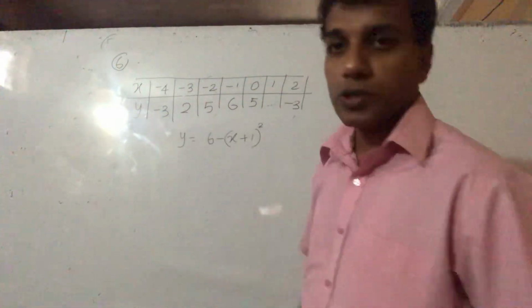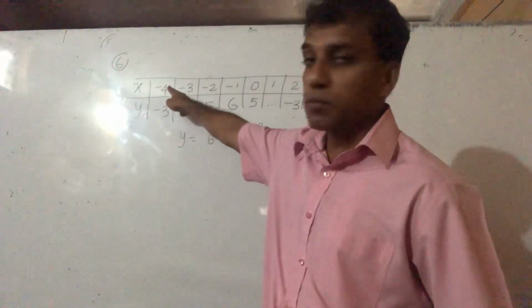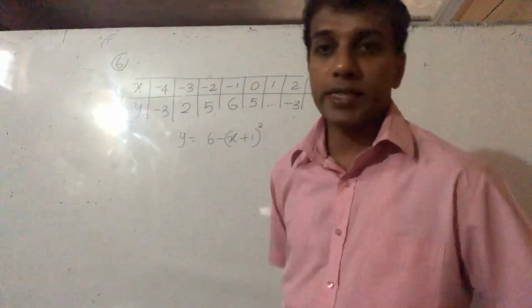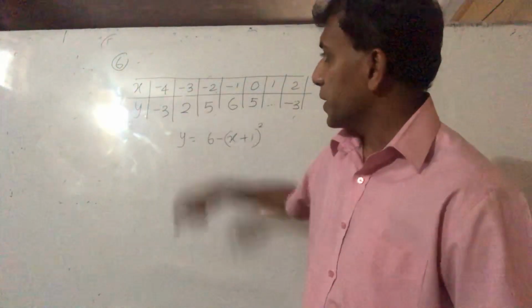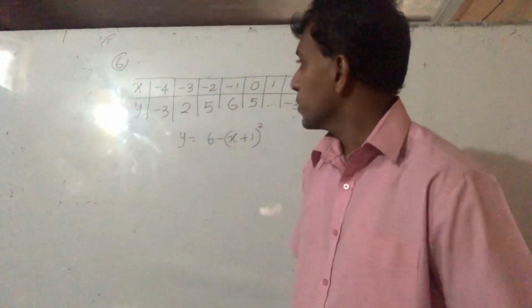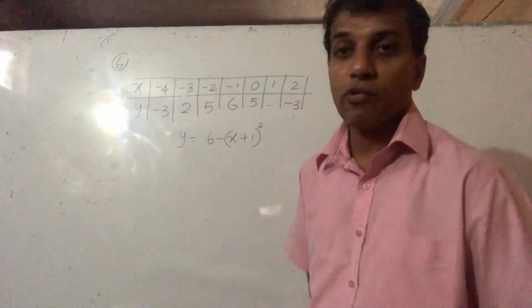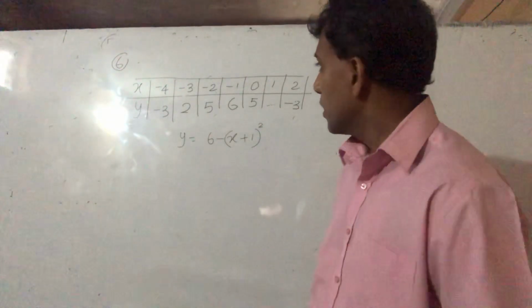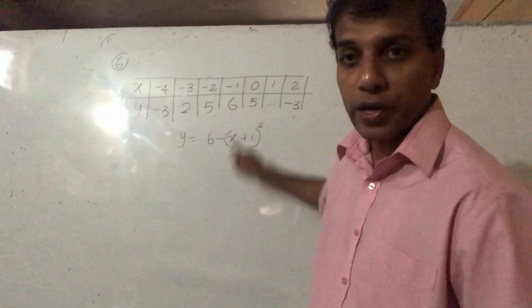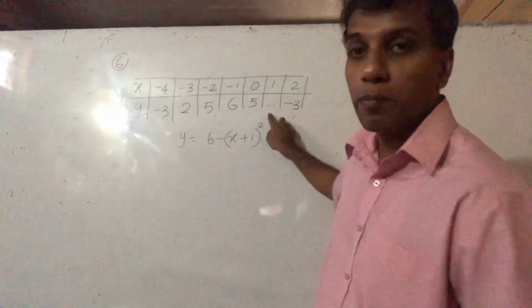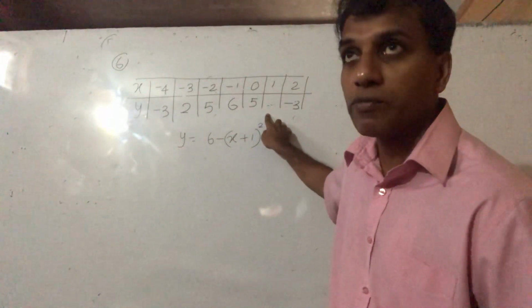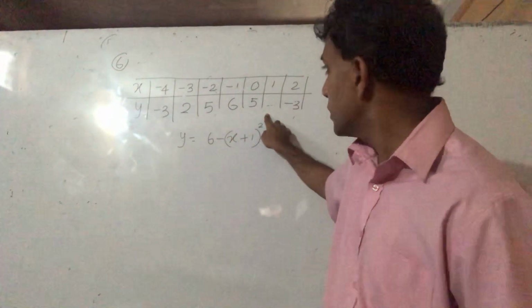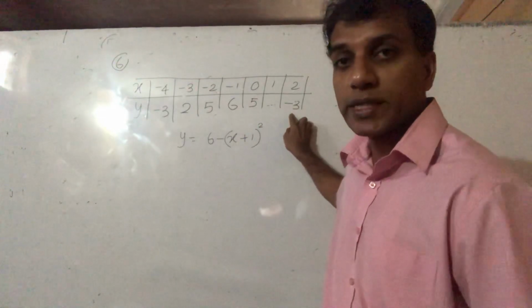And the y values: at x minus 4, y is minus 3; at x minus 3, y is 2; at x minus 2, y is 5; at x minus 1, y is 6; at x 0, y is 5; at x 1, y is blank, the unknown to be calculated; at x 2, y is minus 3.